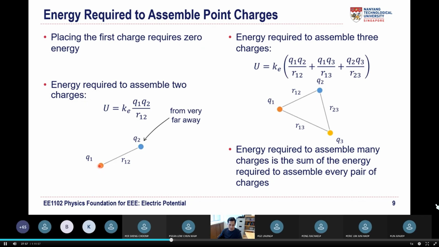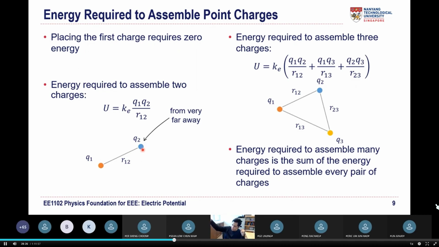If Q1 is an already existing charge, it will create some electric field, and then you have to bring Q2 from very far away, infinitely far away. When it's infinitely far away, the electric field from Q1 is going to be zero, so at that point you don't have any force either attracting or repulsing.